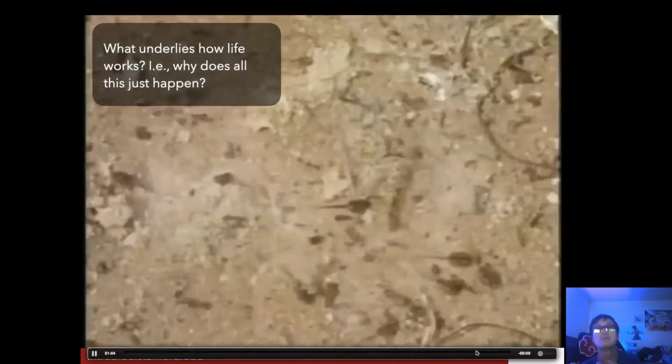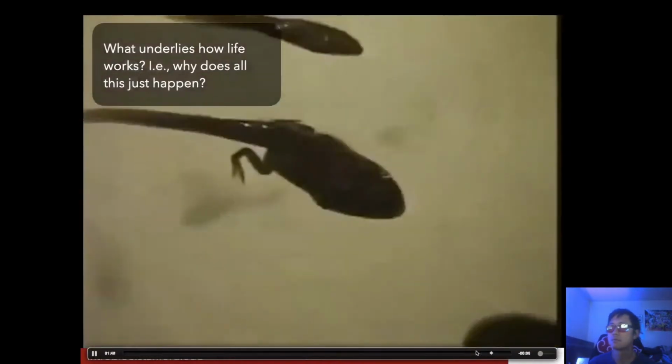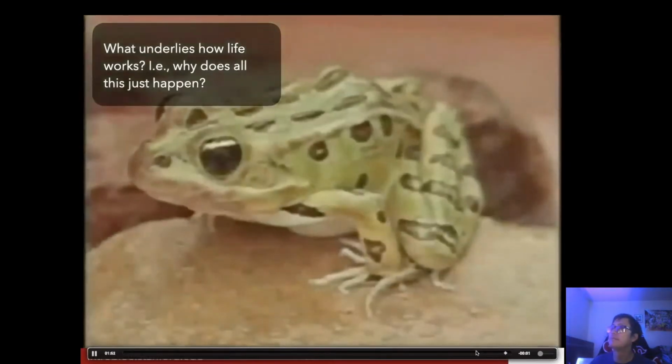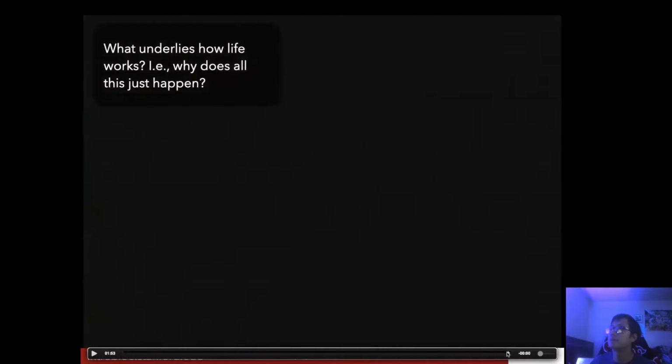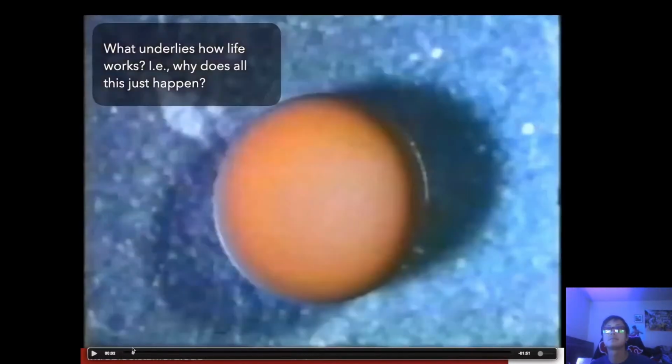And eventually we get tadpoles, and eventually a frog. But remember where all this started, right? We had a cell, and it started to spontaneously divide and then differentiate and turn into a tadpole and then a frog.